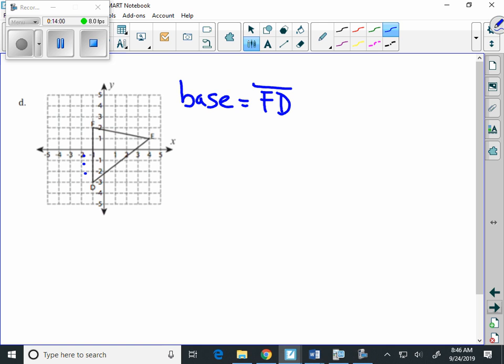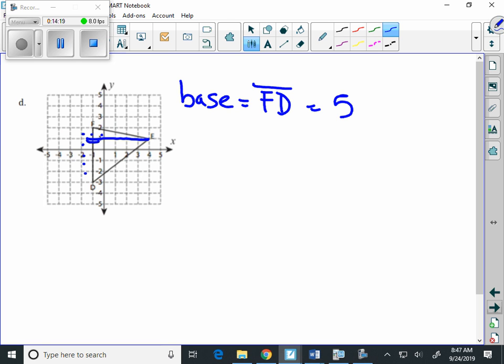And it's 1, 2, 3, 4, 5. So that length is 5. The height of an acute triangle is inside. So it's going to be roughly here.